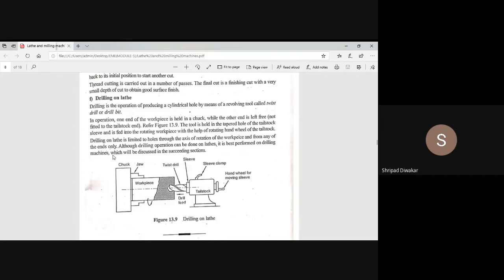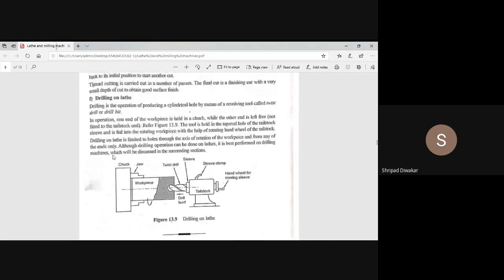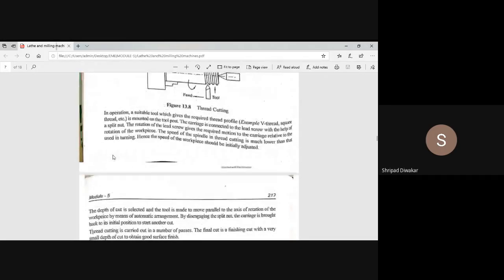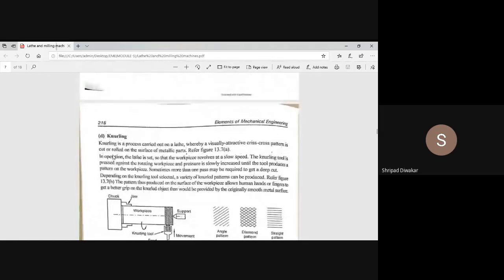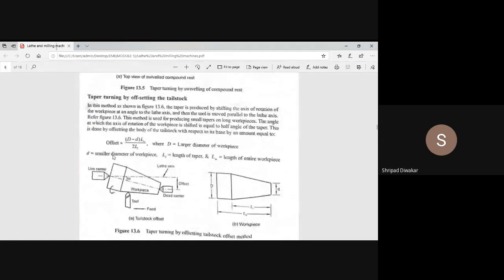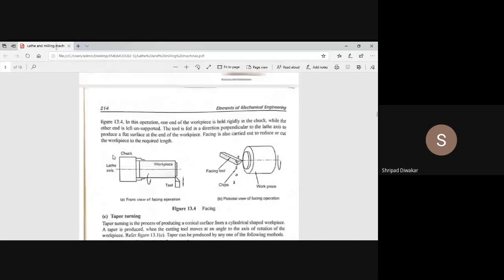That is called drilling. So these are the operations we can perform on the lathe machine. Now I'll explain all these processes one by one. First I'll explain the cylindrical turning, meaning reduction in the diameter of the job.